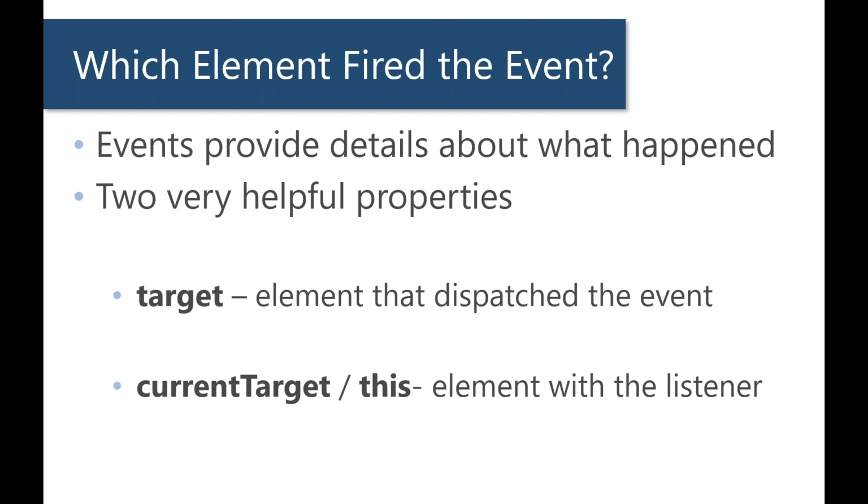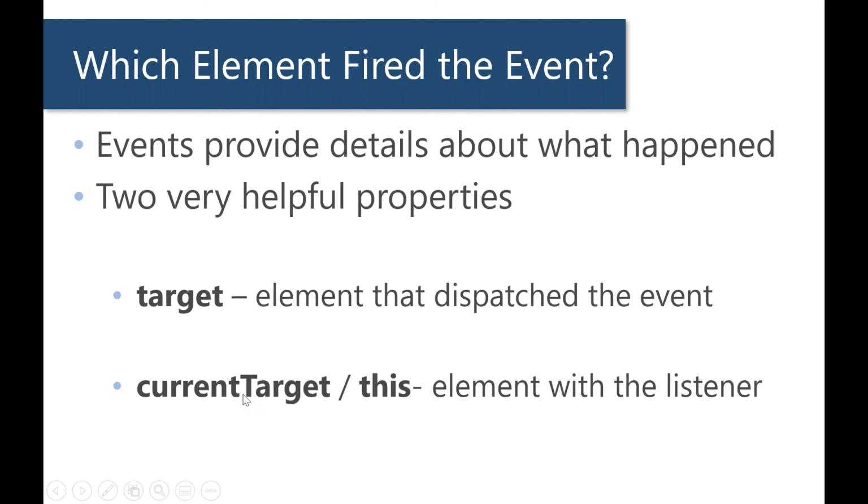And there are two very helpful properties that we can use to determine where this event originated. Those two properties are target and currentTarget. So the way that you can think about this is that target is the element that dispatched the event, in the case that we just looked at, the thing that I clicked on.